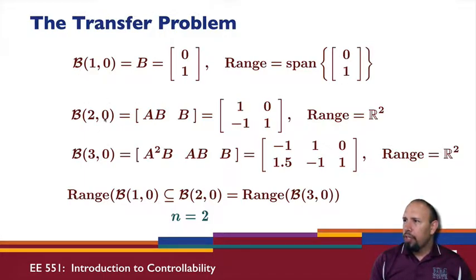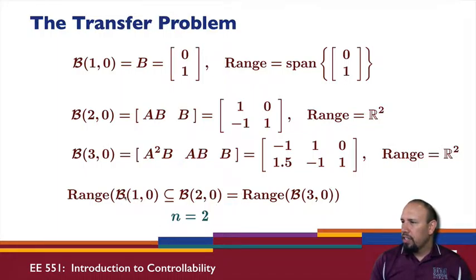The control map from 0 to 2 is now given by this. So this is the control map, AB is this. I can see that this matrix is non-singular, and so its range is all of R2. If I continue going to 3, I add this extra term to the matrix, so I get this, but this also has range all of R2.